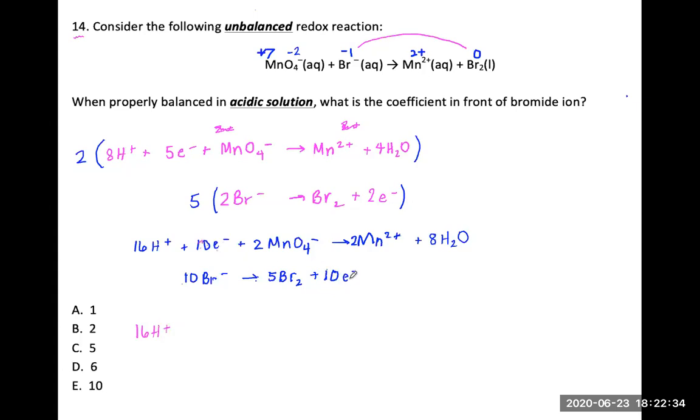Don't have to worry about the electrons because they've canceled. 2MnO4 minus, 10 Br minus, going to 2Mn2 plus, 8 waters, and 5 Br2s.